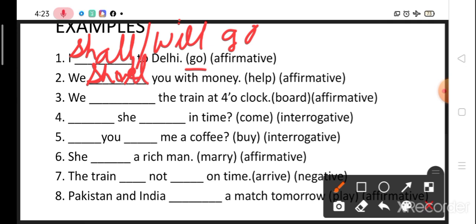We shall help you with money. Again we, so we can use here shall or we can use here will also. So we will board the train. We will board the train at 4 o'clock.